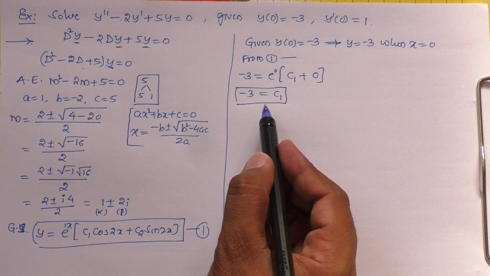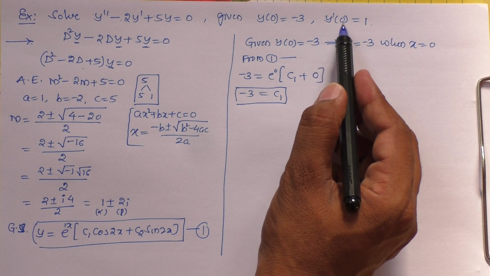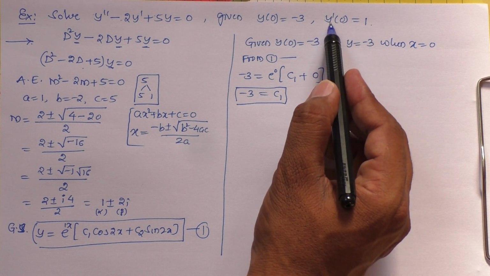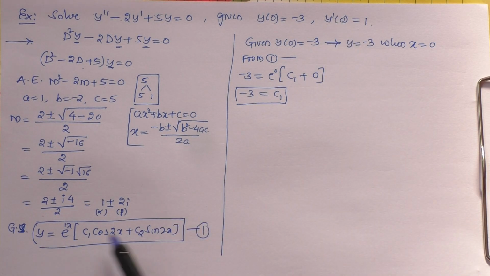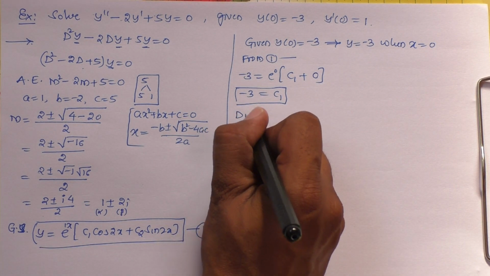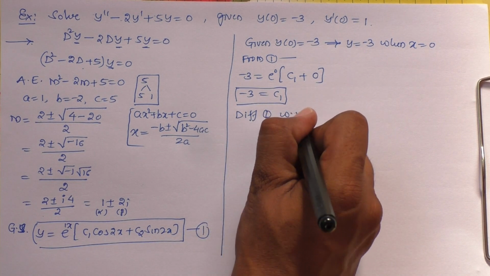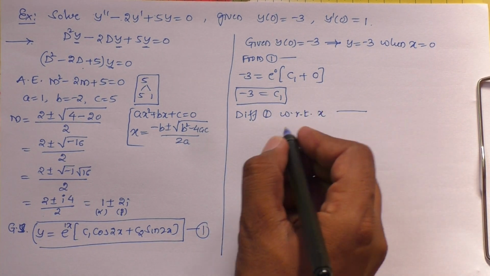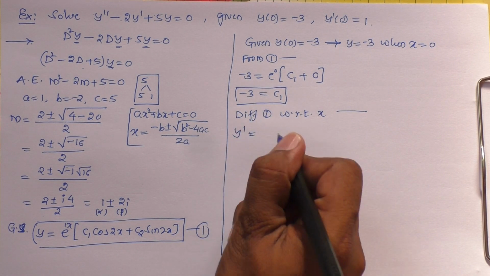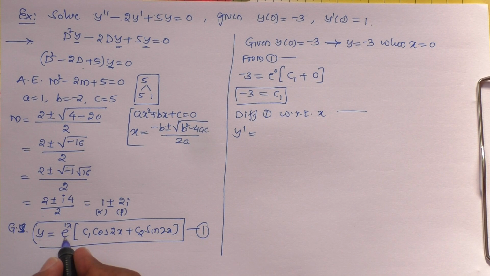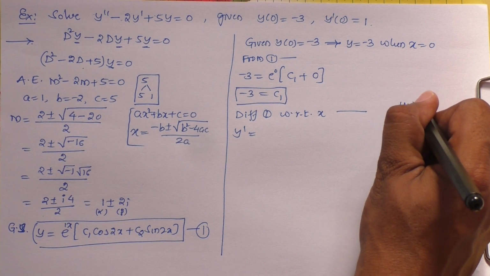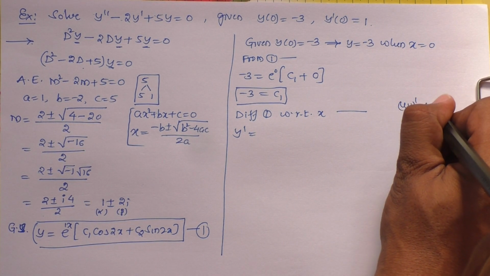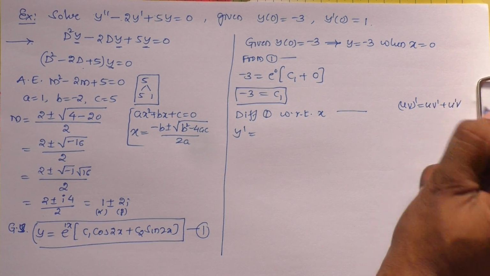Now apply the other condition, which is y'(0) = 1. We need y' to apply this condition, so differentiate equation 1, that is y, with respect to x, and you will get y'. Here there is a product of two terms, e^x into another expression, so you need to apply the product rule: (uv)' = uv' + u'v.